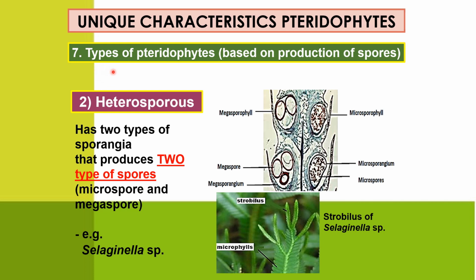The second type is heterosporous pteridophyte. This pteridophyte has two types of sporangia, which are microsporangium and megasporangium, that produce two types of spores, which are microspores and megaspores. Example of this heterosporous pteridophyte is Selaginella species.